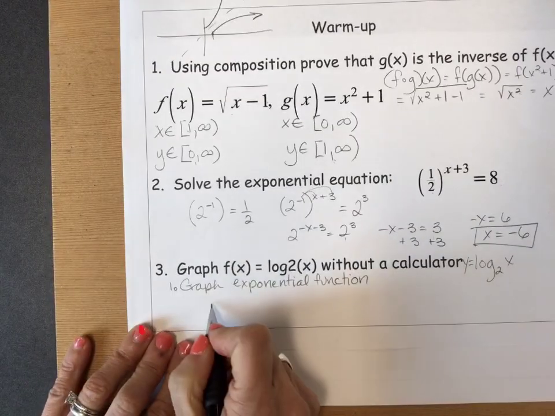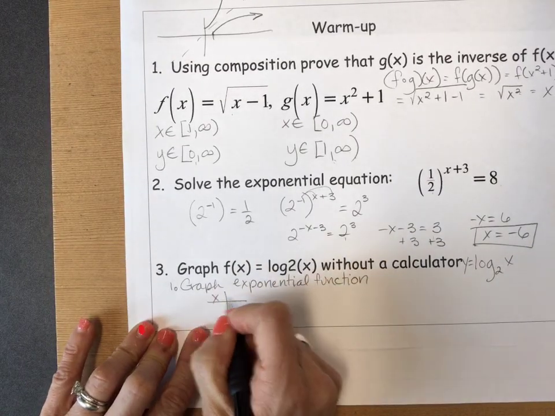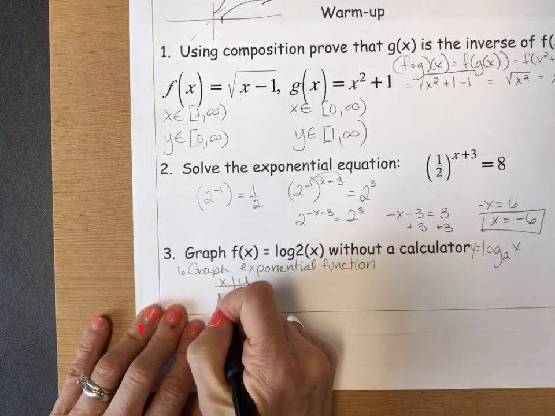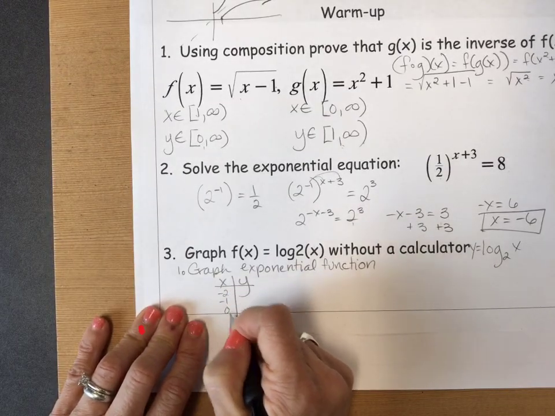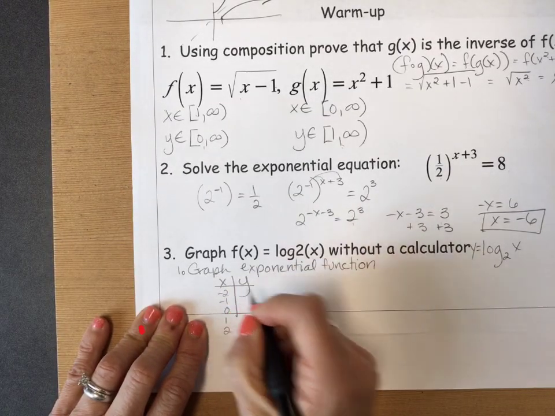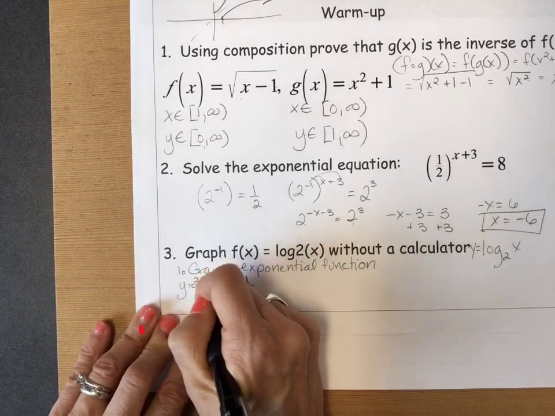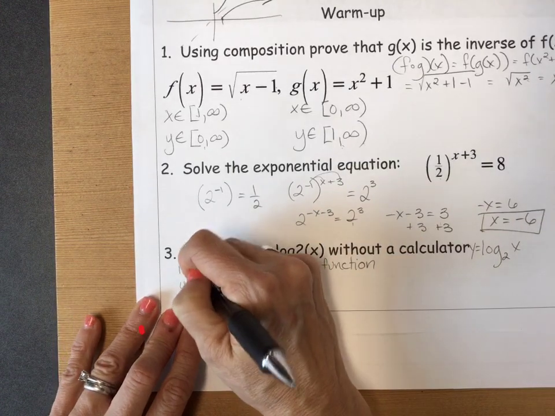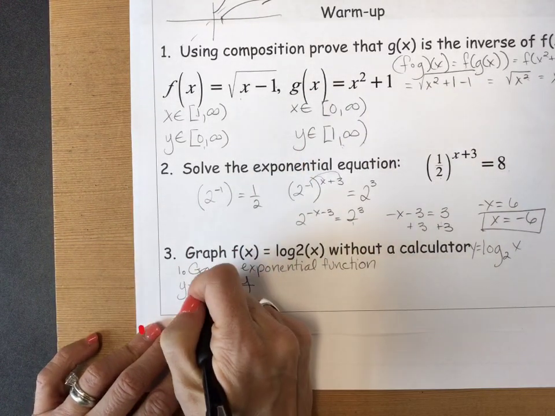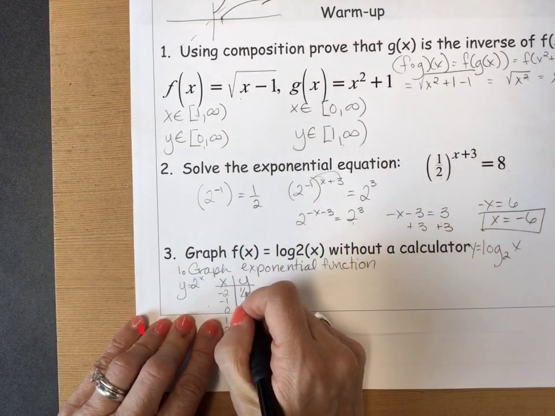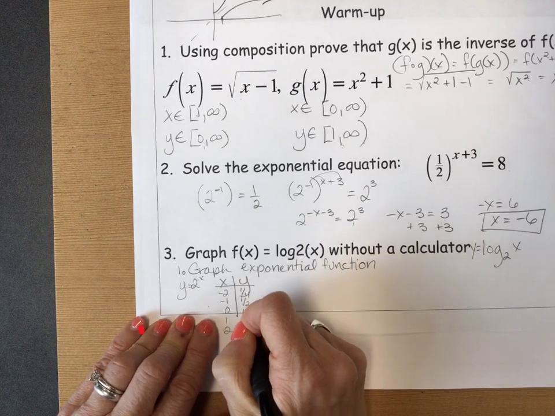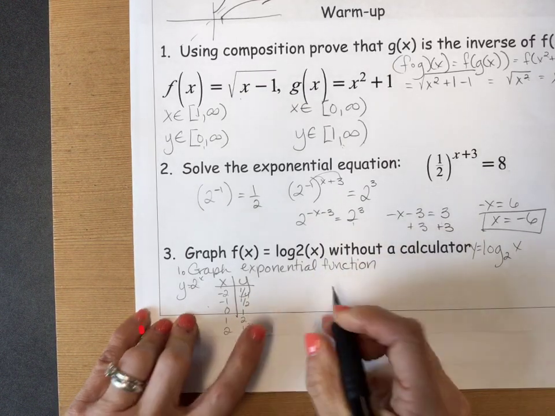If I make a little table for that, I get x and y. I'll just put in a couple values here. This is for y equals 2 to the x. So x values of negative 2, negative 1, 0, 1, 2, and y values of 1/4, 1/2, 1, 2, and 4.